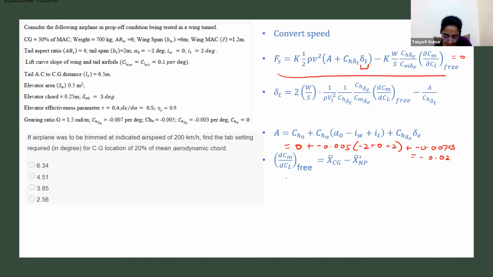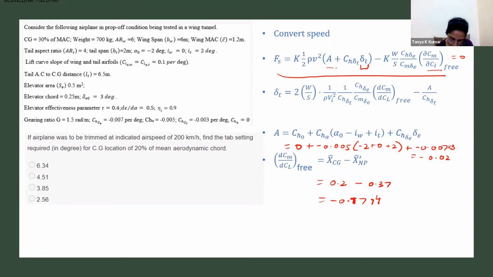So for your new dCm by dCL, the CG location is 0.2 and your stick free neutral point that we had calculated earlier was 0.37, correct? So your new dCm by dCL free because of the change in CG location is minus 0.1714. Now we have this value and we have A.